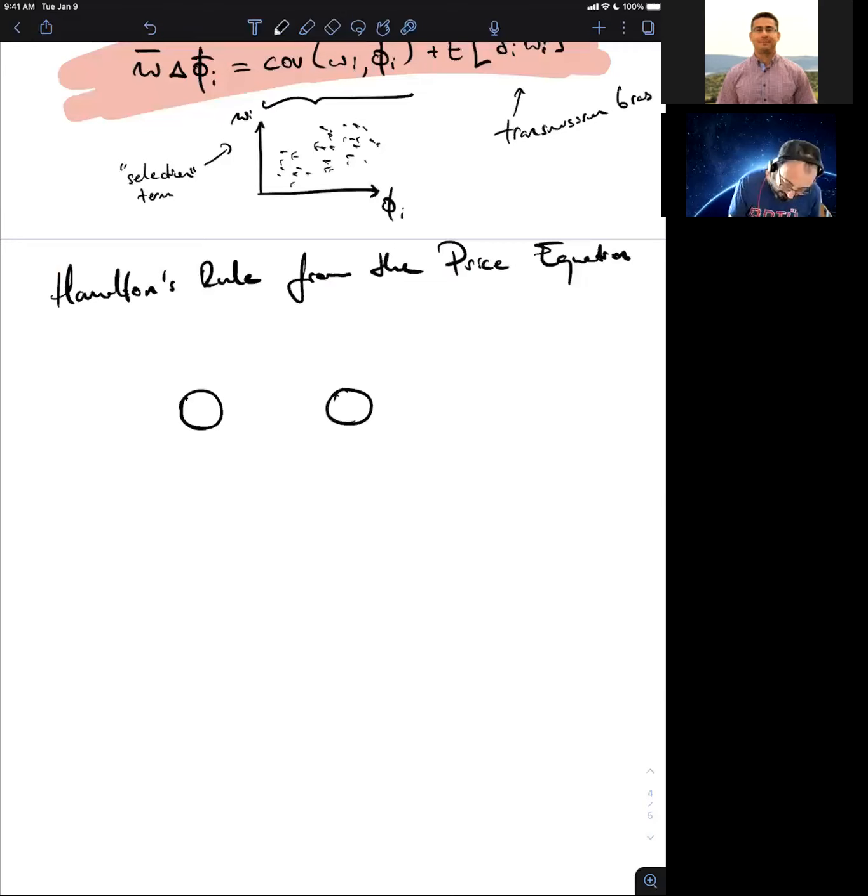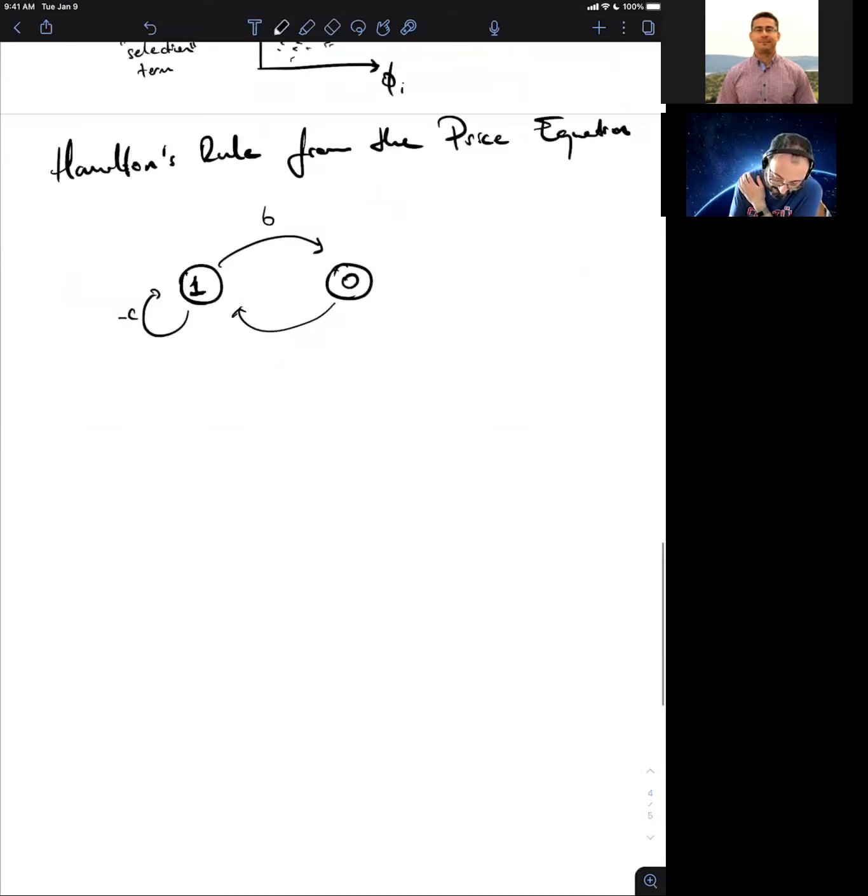One has what we're going to call genotype 1 and the other genotype 0. These are essentially our A's and B's. The ones give a benefit B to the others and pay a cost C, and the zeros give 0 and pay a cost 0.